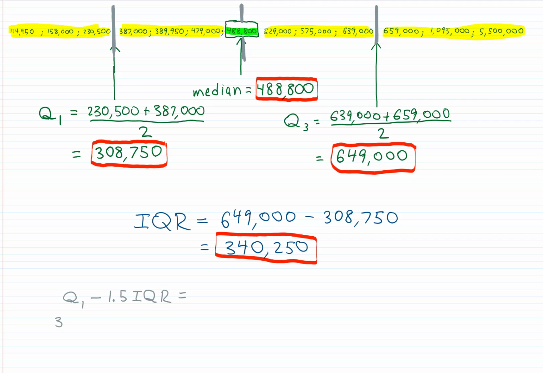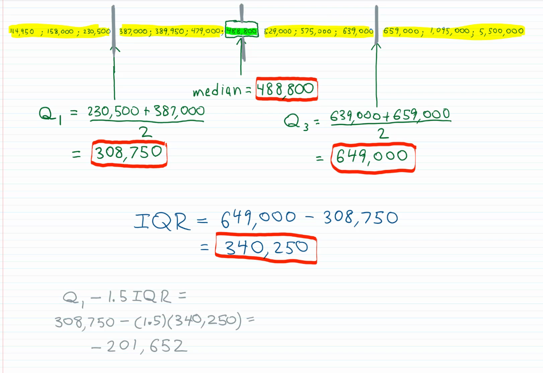So that's 308,750 minus 1.5 times 340,250. Okay, and that equals negative 201,625.